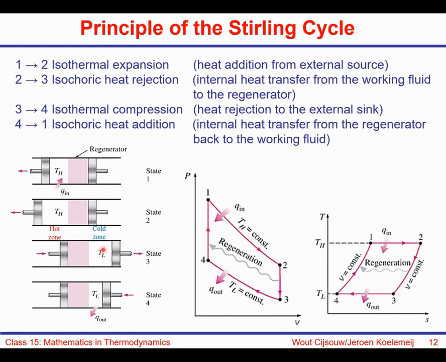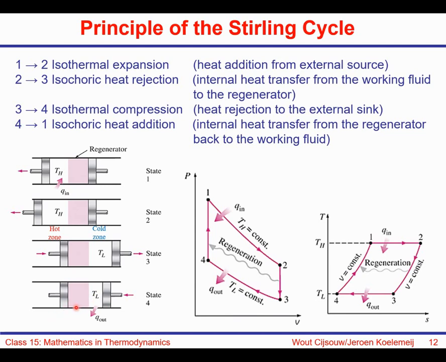And that's when we have reached the end of the cycle, and we can start by going back to state 1. That's again isochoric heat addition. So we have the state here, state 4, with the two pistons separated by a certain amount. All the gas is at the low temperature at the cold zone. And now the two pistons will move at the same speed to the right.